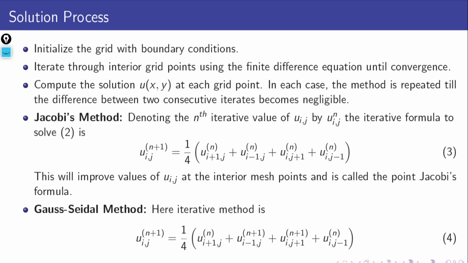The Gauss-Seidel method is again an iterative method and can be represented as in equation number 4. This also will improve the interior mesh points and is called the Gauss-Seidel method. So by using one of these two methods, we can improve all the values of uij corresponding to the interior mesh points.